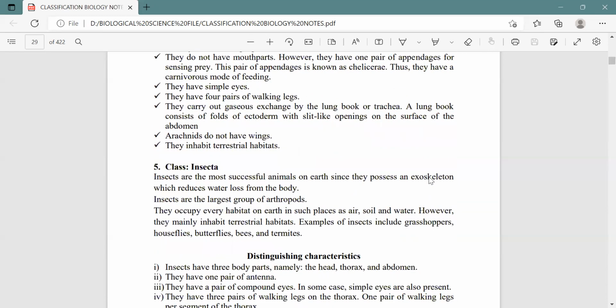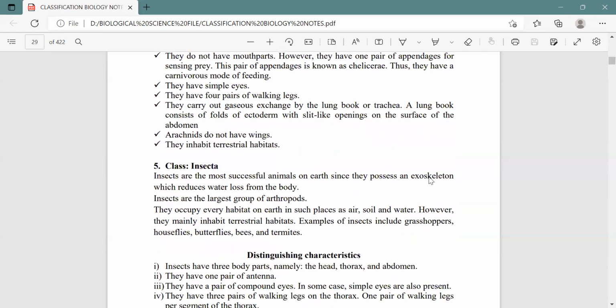Okay, moving to another class, which you mostly know, class Insecta. Insects here have been described as the most successful animals on Earth, which you will find in every habitat on Earth. You will find insects in air, in water, in soil, everywhere you go.